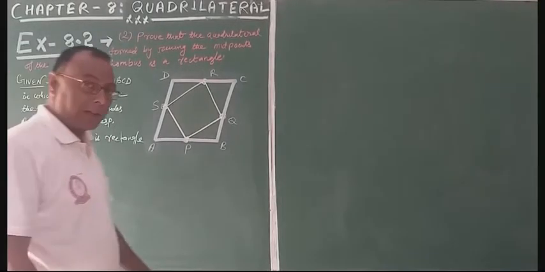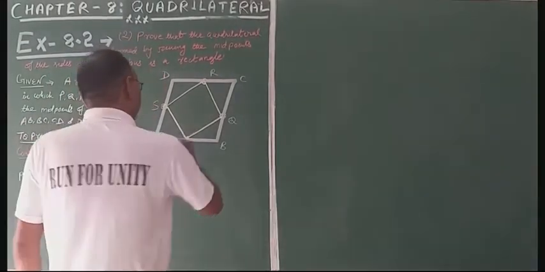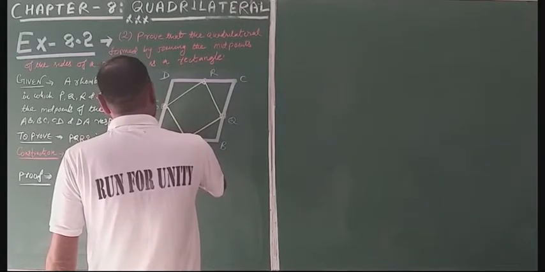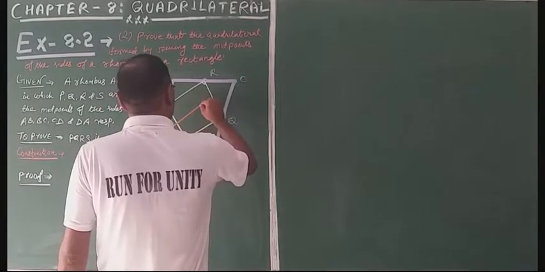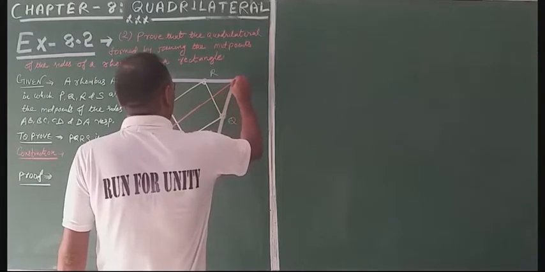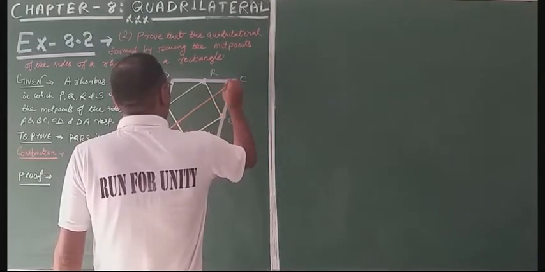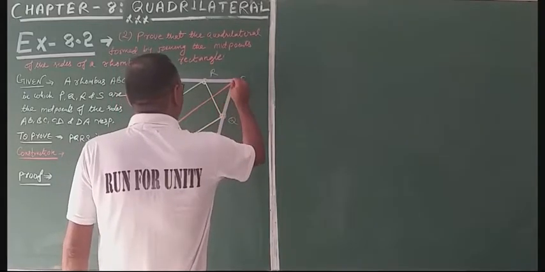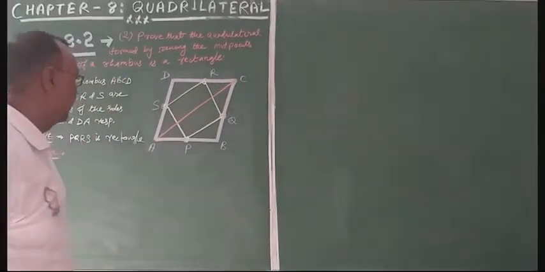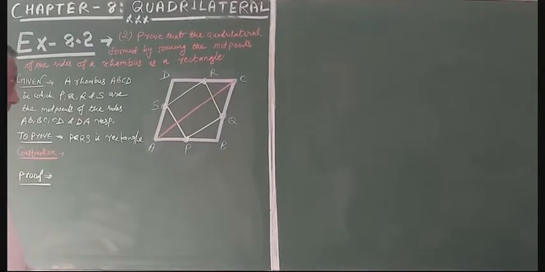We are joining the diagonal AC. This diagonal AC is joined. Is it clear?